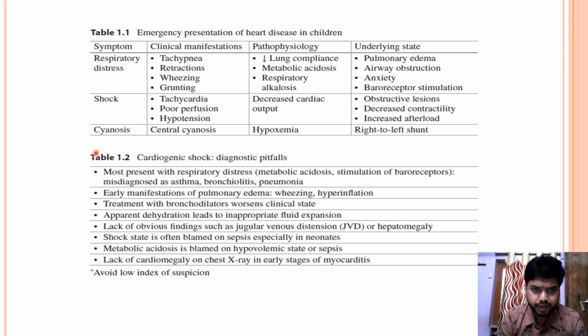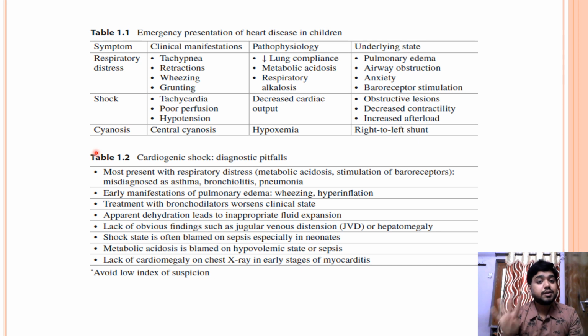When we see respiratory distress, any respiratory distress need not be cardiac; it could be a respiratory cause also. So a practicing pediatrician needs to differentiate, when somebody comes with respiratory distress, whether this is due to a cardiac or a respiratory cause. Respiratory distress will show tachypnea, retractions, wheeze, or grunting.